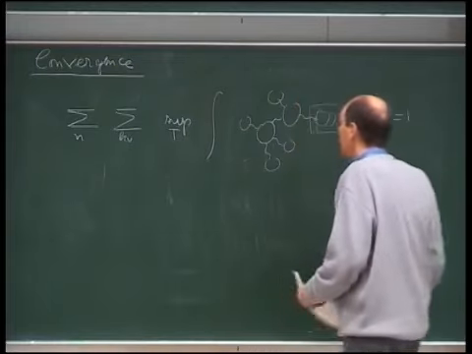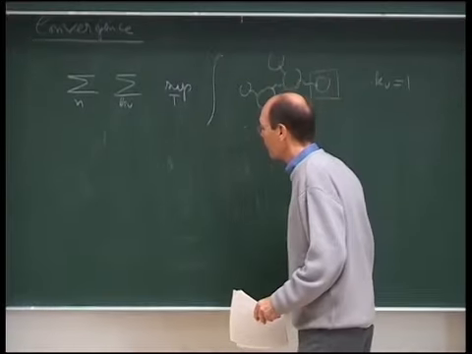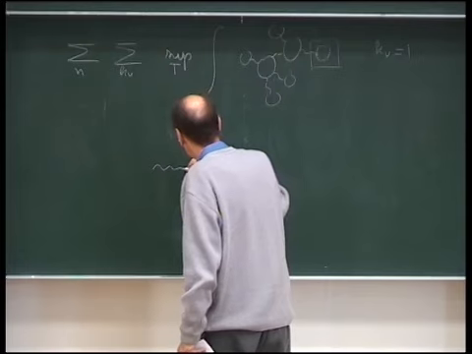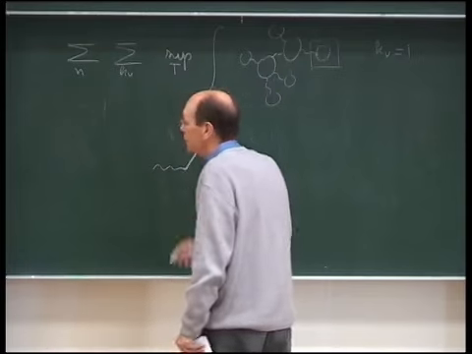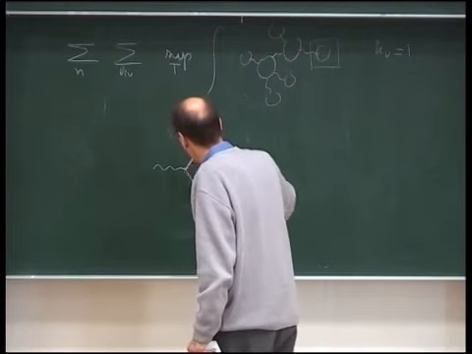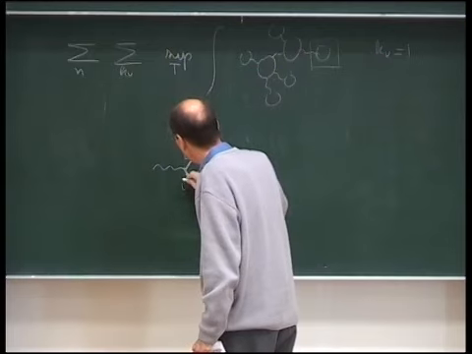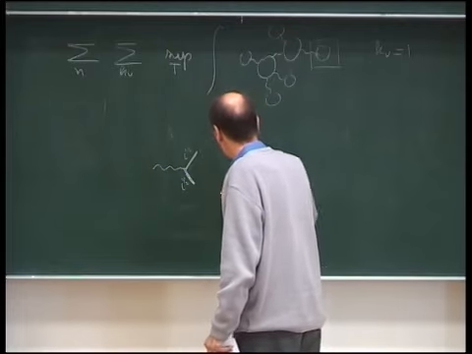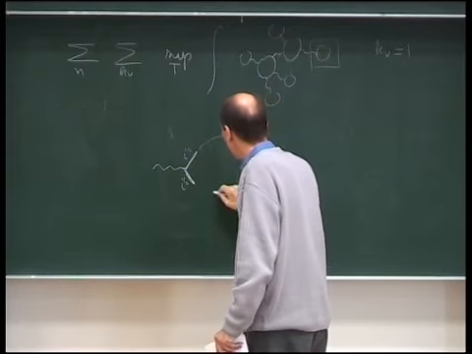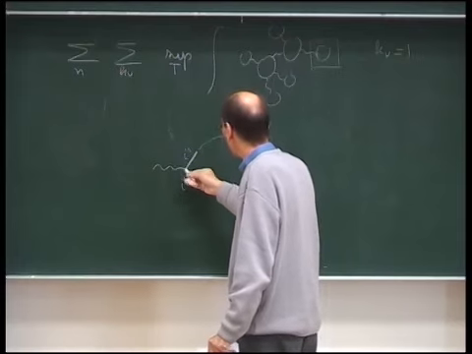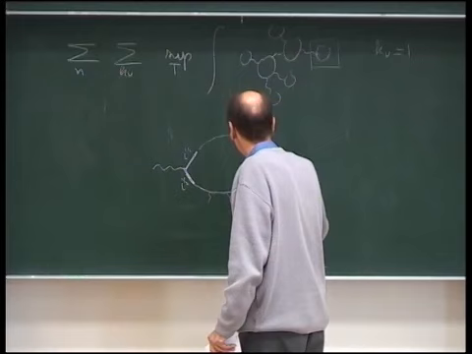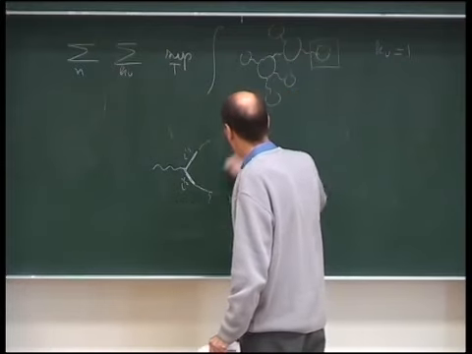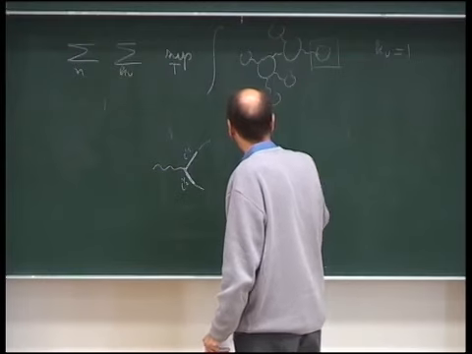Let me draw what a leaf is. It is something like this: you have the link, and then you have a C to the one half here, a C to the one half here, and in between all this, but no more links. So it's just a succession of C's and sigmas, and a succession of C and sigmas is exactly what we have called 1 over 1 plus iH.